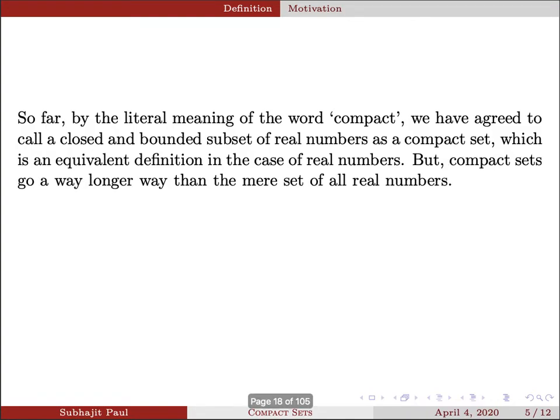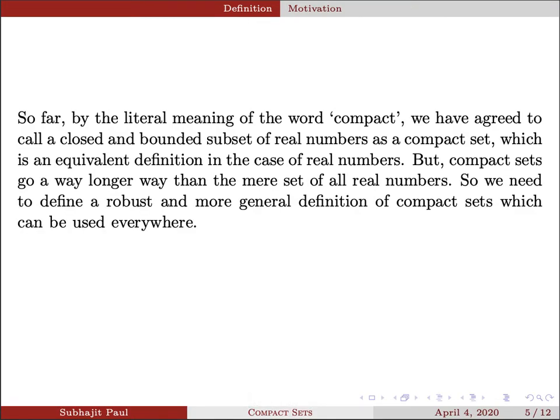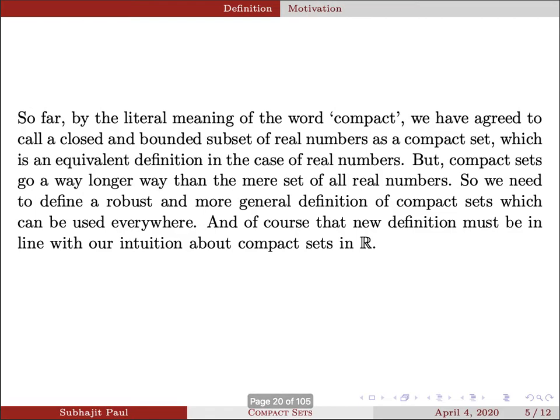Alright? But compact sets go a way longer way than the mere set of real numbers. So we need to define a robust and more general definition of compact sets which can be used everywhere.